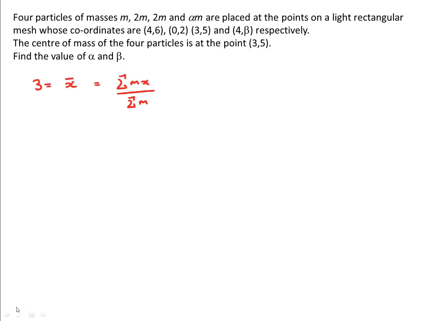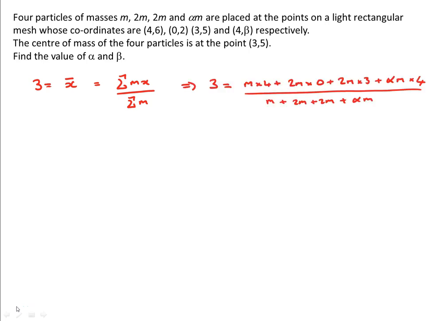So, we know that the centre of mass has an x-coordinate of 3, so 3 must be the sum of all the masses times the corresponding x-coordinates divided by the total mass of the particles. So that gives us m times 4 plus 2m times 0 plus 2m times 3 plus alpha m times 4, divided by m plus 2m plus 2m plus alpha m.